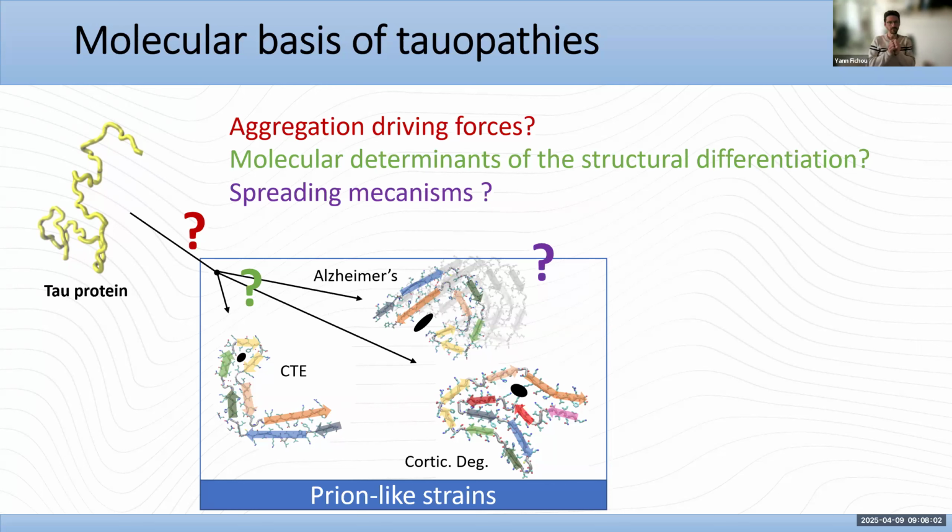What really dictates the structural differentiation of tau? I'm just showing here a few structures. They're perfect structures, but you know there's probably a gradient between all those different structures. So can we understand this, with the bottom line that at the end of the day, in the tissue that we extract from human brain, we have those homogeneous structures here.